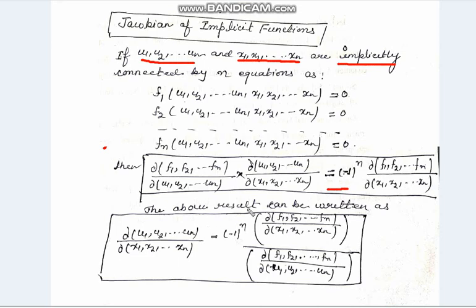The above result can also be written as the Jacobian of u1, u2 up to un with respect to x1, x2 up to xn is equal to minus 1 to the power n, and Jacobian of f1, f2 up to fn with respect to x1, x2 up to xn, divided by Jacobian of f1, f2 up to fn with respect to u1, u2 up to un. So this formula is very important and we have to remember this formula.